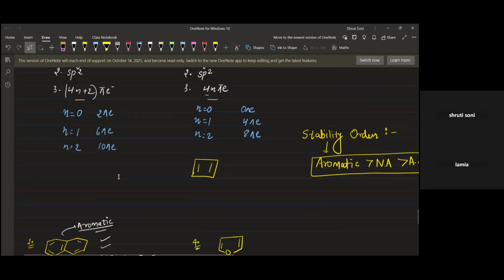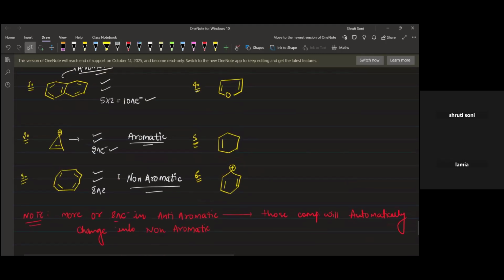Anti. Yes, anti. So if any compound has 8 pi electrons or more, or follows anti-aromatic rules, then it will automatically convert into non-aromatic.